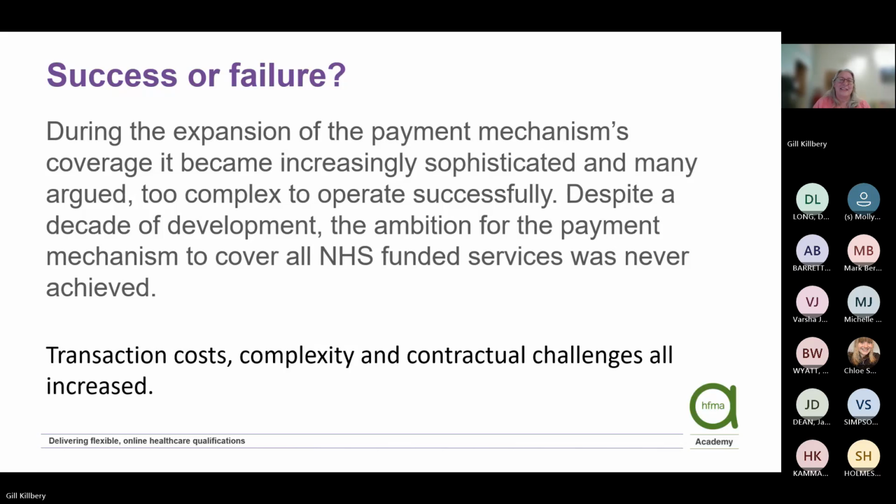Things have got steadily more complicated, to the point where we had to do something to change it, which is what we're trying to do at the moment, which is why we've got the tariff and the contract set up that we have now. We've got a fixed and a variable element to try and get rid of some of that complexity and contractual challenge.